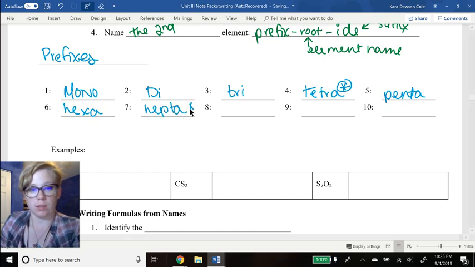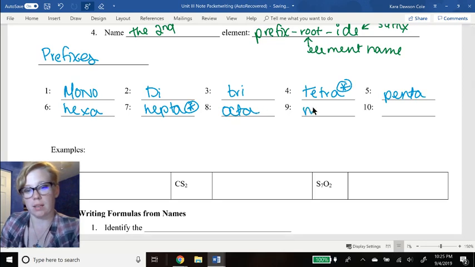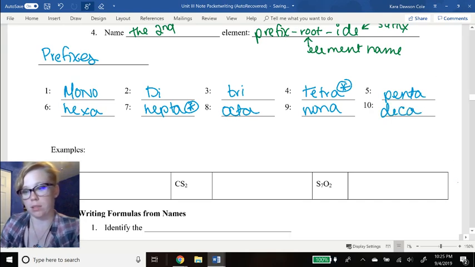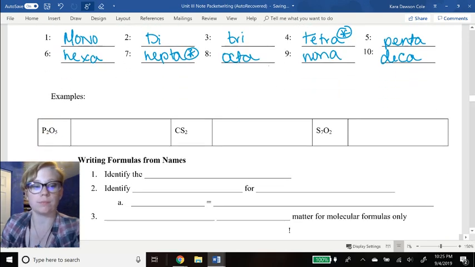This is another one that everybody forgets. 8 is octa, 9 is nona, and 10 is deca. I'm not going to have you go over 10, so those are your numbers.